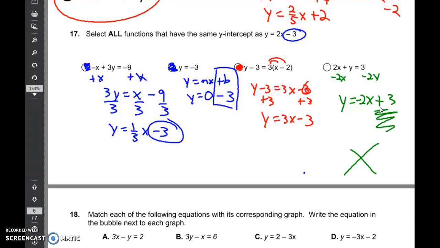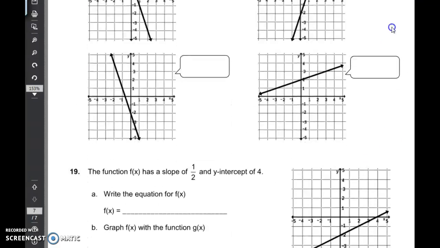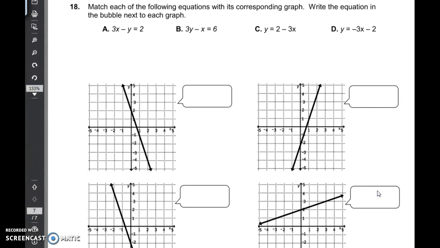I'm going to scroll up. So this is just matching. I have 5 minutes. Let me get the answer for you, and then I'll move on to the next one. Okay, I didn't want to make another video. Here are the answers, you could solve for y in each of these.